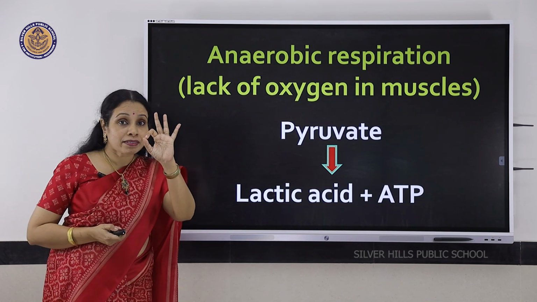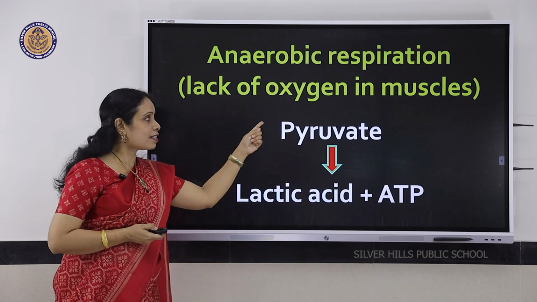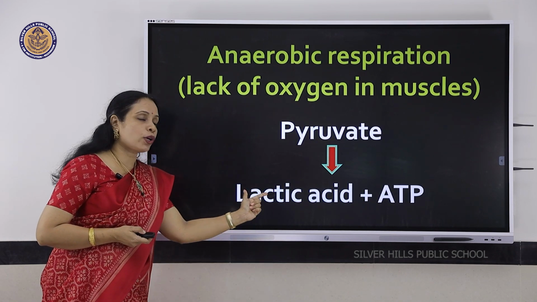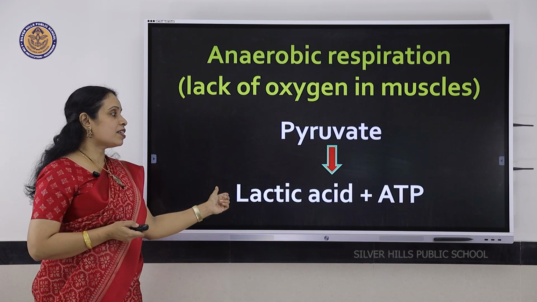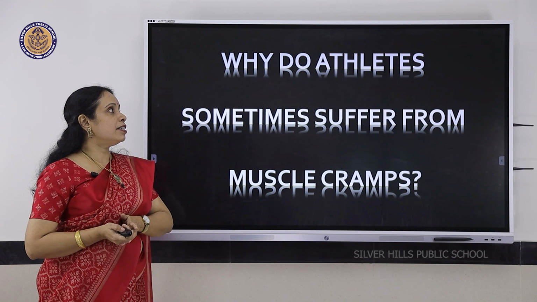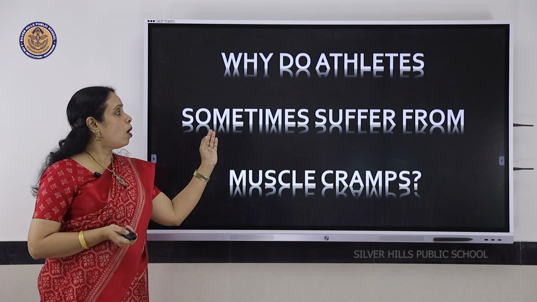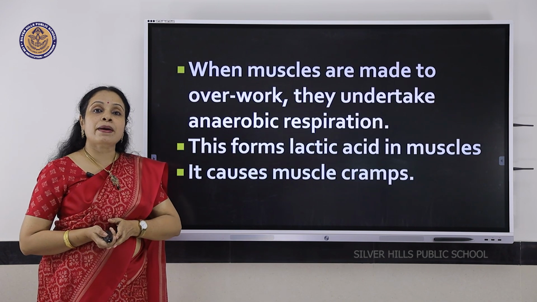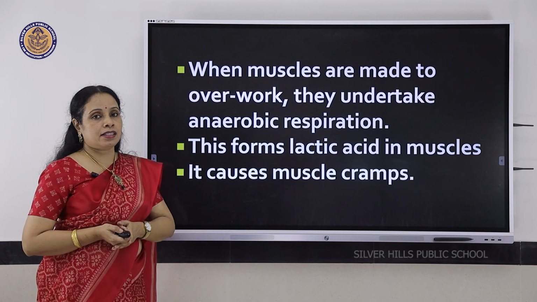So what happened to our 3-carbon compound called pyruvate? It got broken down to form lactic acid and ATP. And this lactic acid is responsible for causing muscle cramps in athletes.